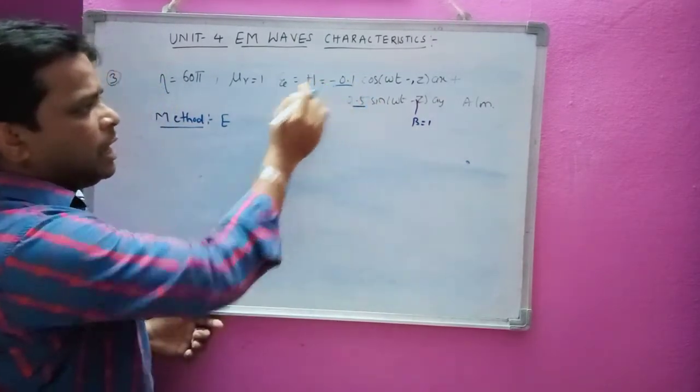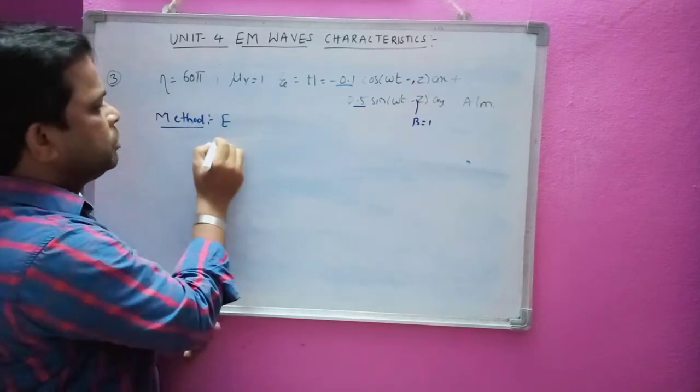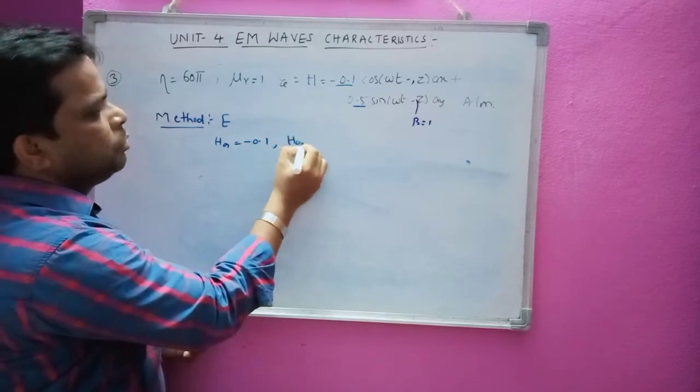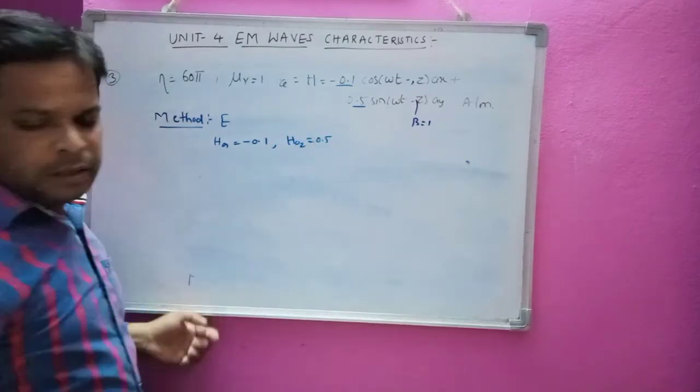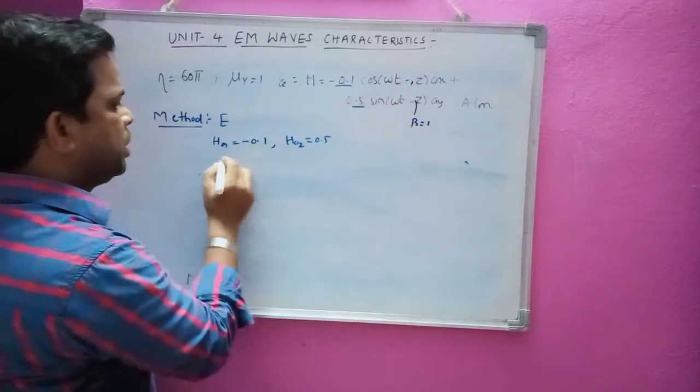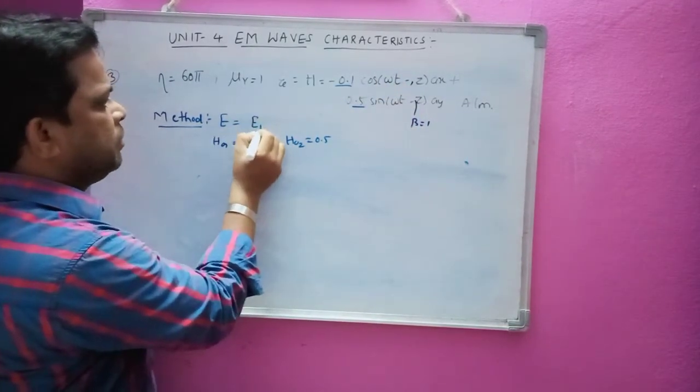As we know, H01 is equal to minus 0.1 and H02 is equal to 0.5. And similarly, if H is composed of two parts, we can say that E is composed of E1 plus E2.